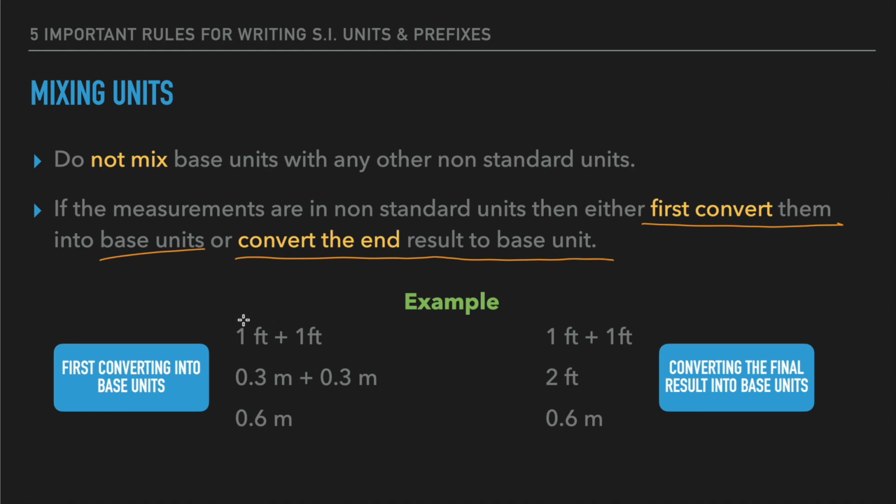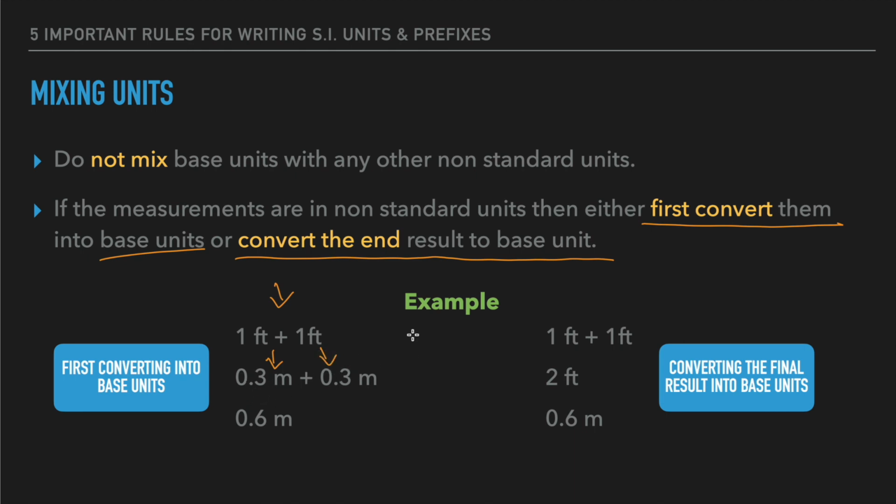Either first convert it, here we have given an example. Let's take this one, shall we? Here I have written 1 feet plus 1 feet, which is the non-standard unit for length. So either you can convert in the first place feet to meter, which is basically 1 feet is approximately equal to 0.3 meter, convert them into SI units and then add them up.